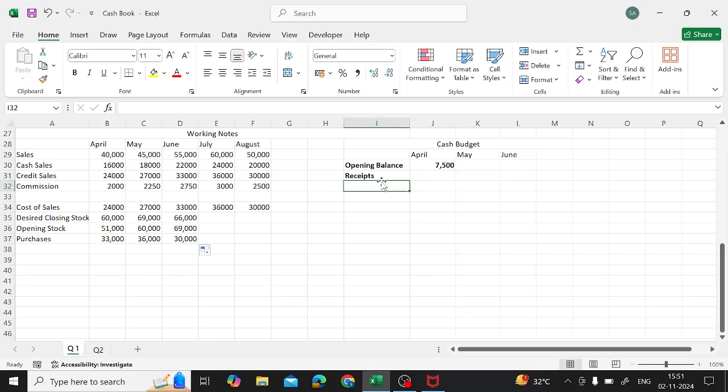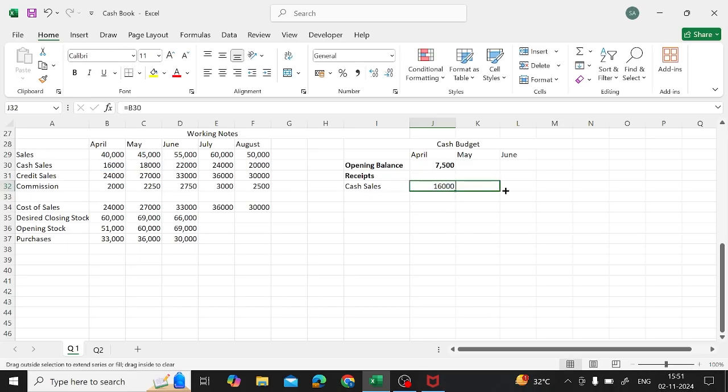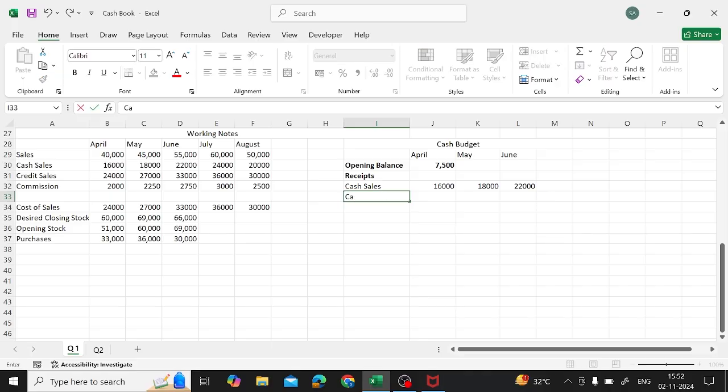In the receipts, first of all, we will take cash sales. Cash sales for the month of April are calculated here: 16,000, 18,000, and 22,000.